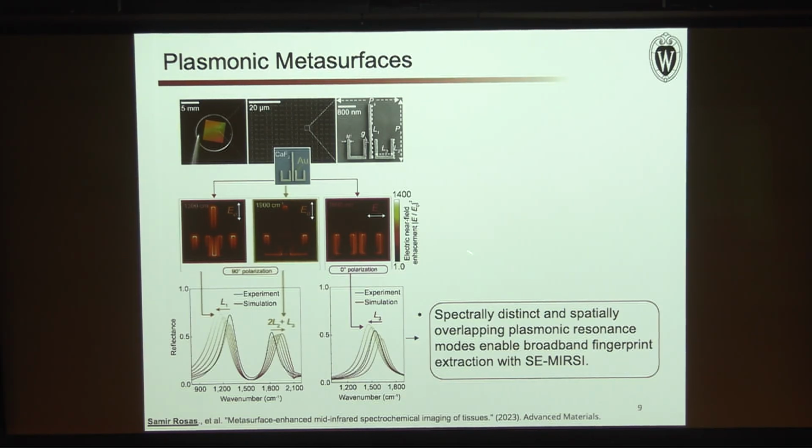When you shine mid-infrared light on this specific structure, it lights up at some specific wavelengths or wave numbers. It has two polarizations, and having two polarizations or two modes is important because in the 90 polarization, we see two peaks, and in the zero polarization, we see one peak. So we are enhancing the spectral response of the metasurface across the range of interest.